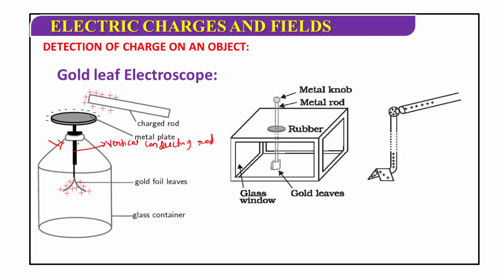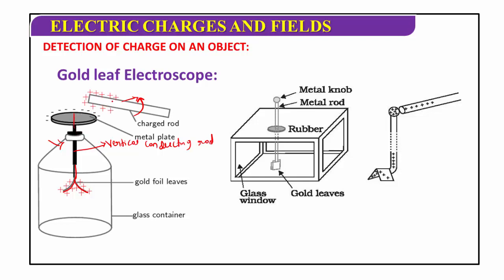The two thin gold leaves are here. These are the two gold leaves. Two thin gold leaves are attached to the lower end of the rod.